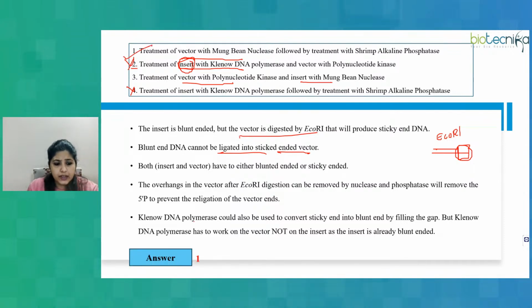Because overhangs in the vector after EcoRI digestion can be removed by nuclease, and then alkaline phosphatase can remove the phosphate to prevent religation of the vector. And DNA polymerase, this point I have already told you, could also be used to convert a sticky end into a blunt end, but it has to work on the vector, not the insert. But in the question, the insert is being treated with DNA polymerase, which is not that.